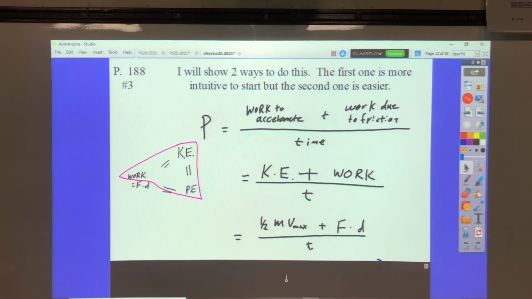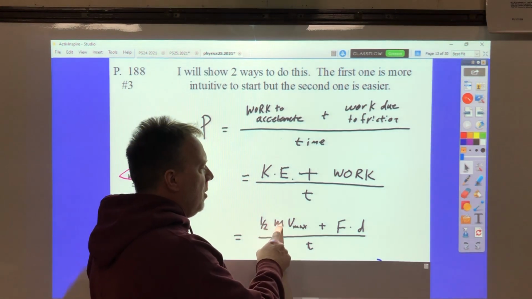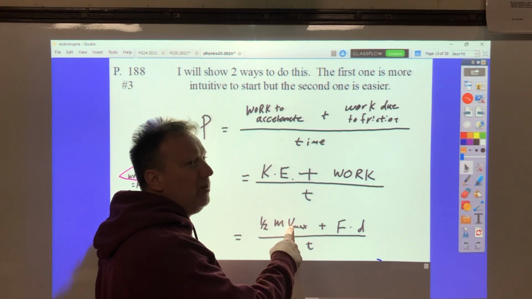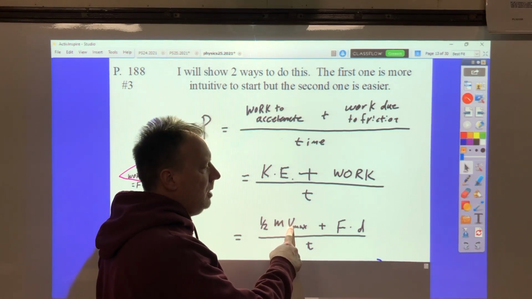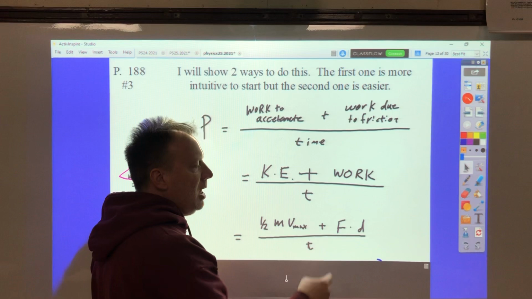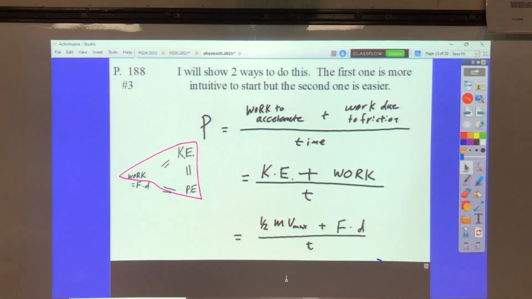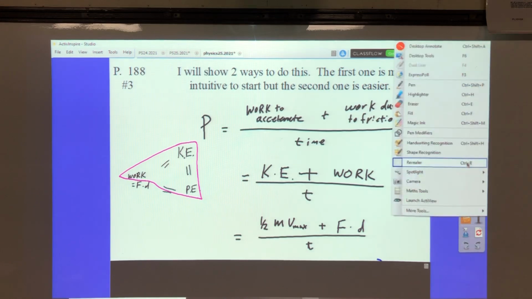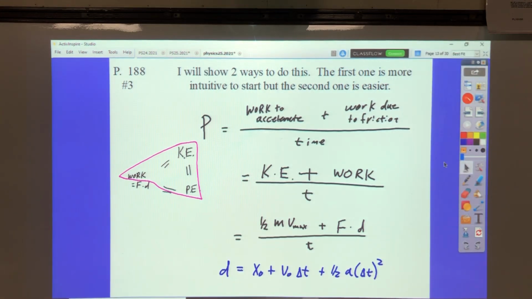Kinetic energy is 1/2 mass times the final velocity squared, plus force times distance. So you're going to say, okay, I know how to find distance based on what you said a little bit ago.